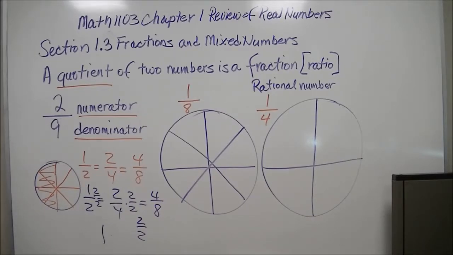So the general rule for getting equivalent fractions is to multiply a fraction by 1, but that 1 is in the form of some number that gets the desired denominator. And of course, we'll be practicing that and see how it works.